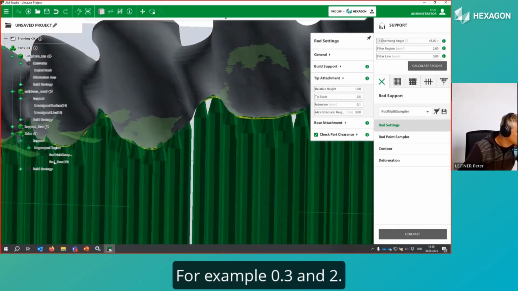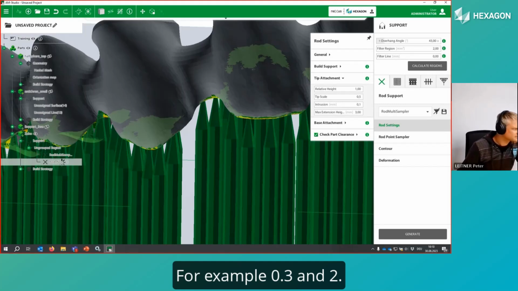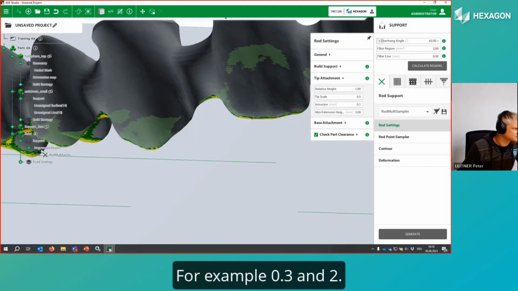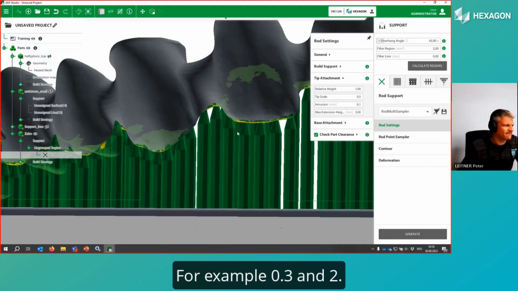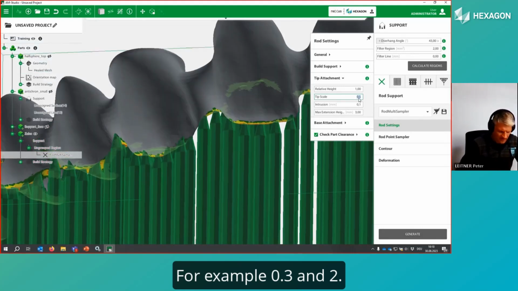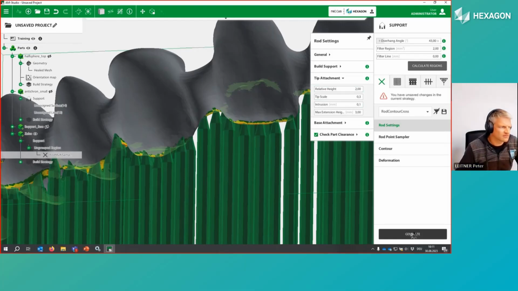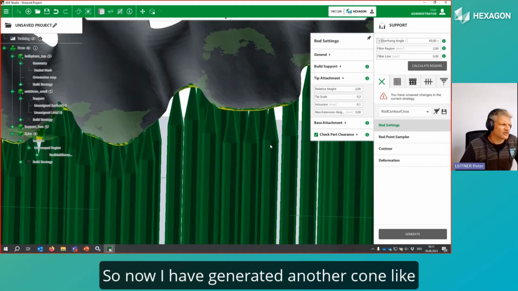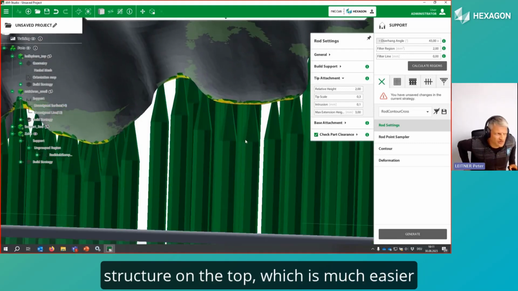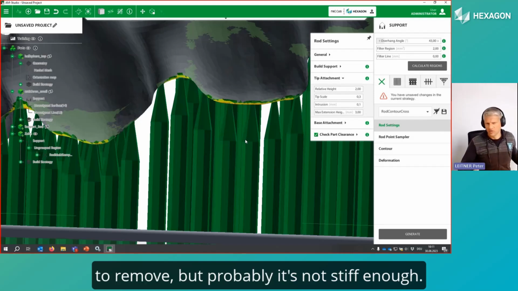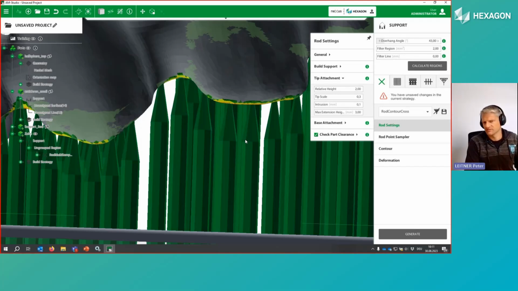So now I have generated another cone-like structure on the top, which is much easier to remove, but probably it's not stiff enough.